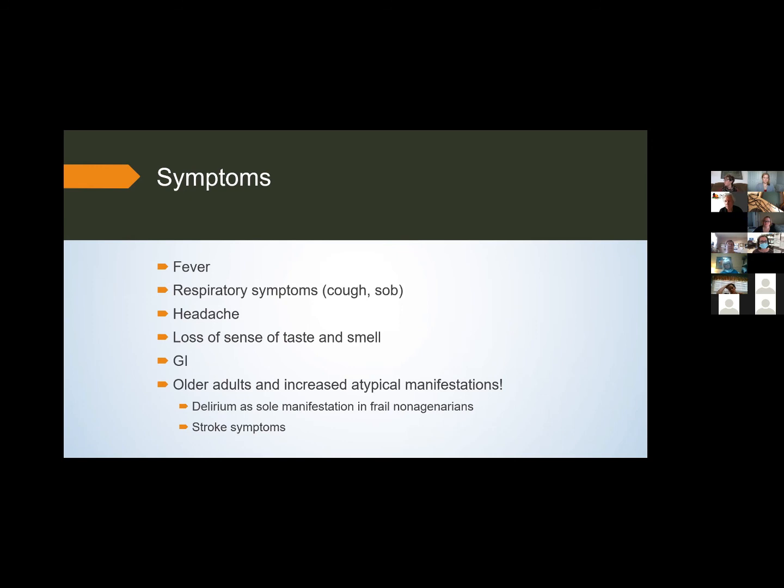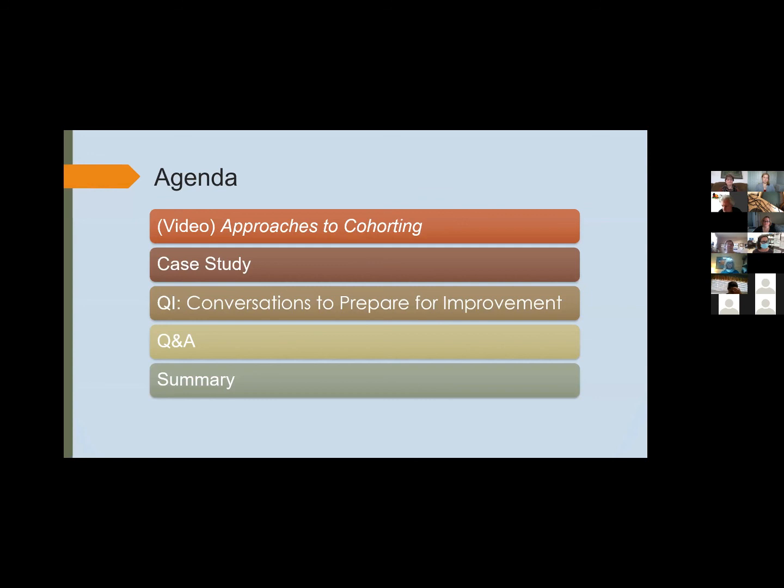And so we have to be suspicious when people present with these symptoms, or their confusion changes during this time when there's other positives around them, and recognize that in addition to all the common ones that we know, it is a very likely symptom in these older adults. So just wanted to stress that.